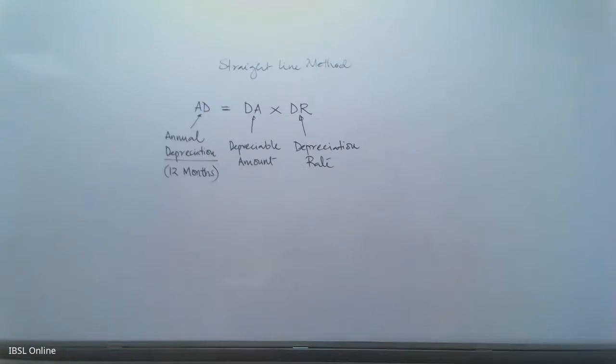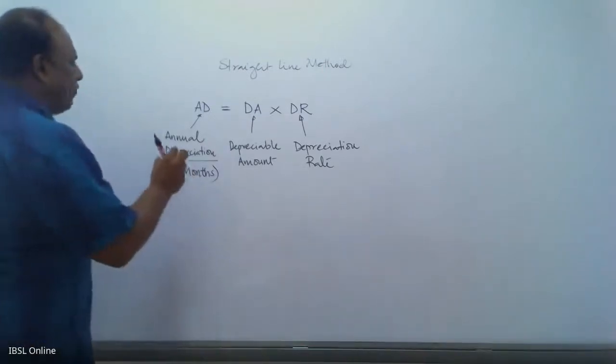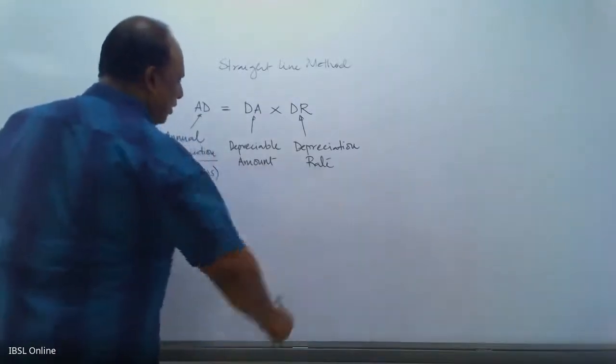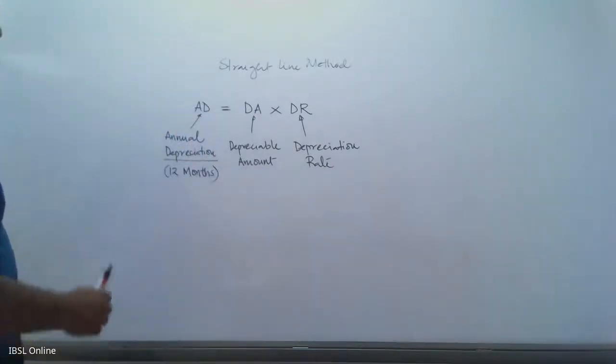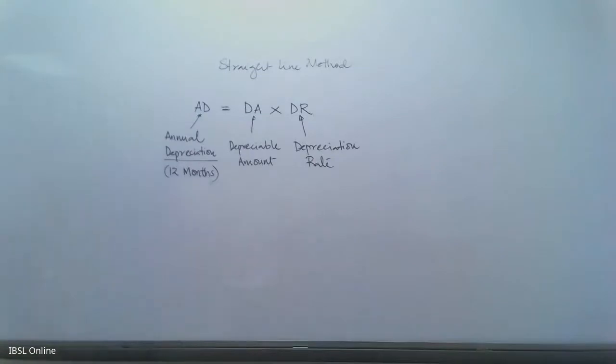Under the prorate convention, in the year of purchase you depreciate only for the months that the asset has been with you during the year.